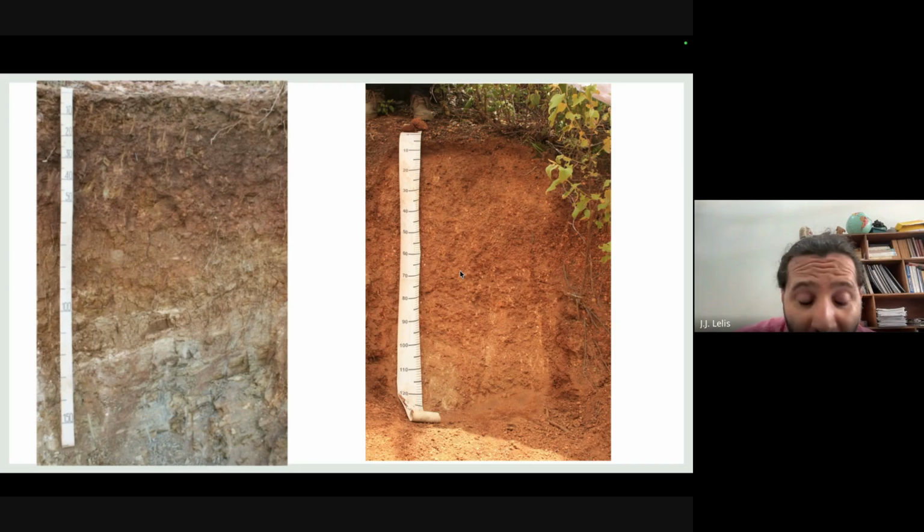So we have a lot of feldspar grains here, and these feldspar grains show that weathering exists, but is not so intense. And as I cannot see any concentration of secondary minerals, I can call this a Cambic horizon.